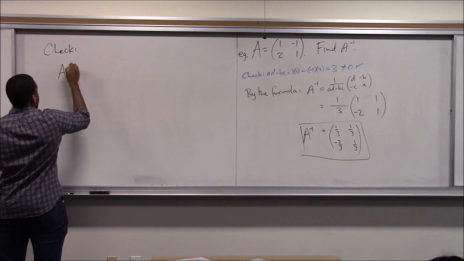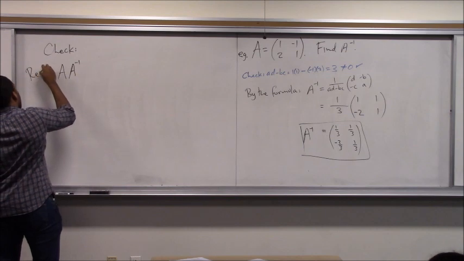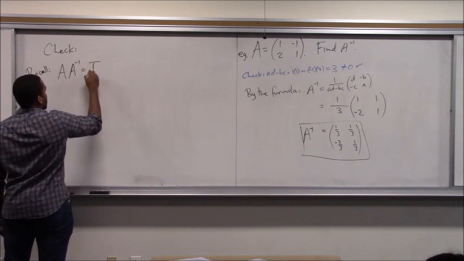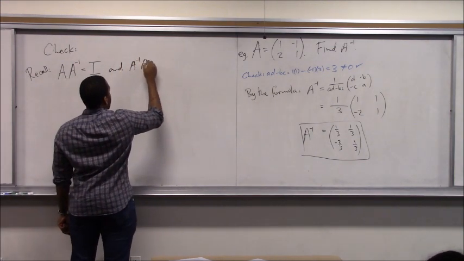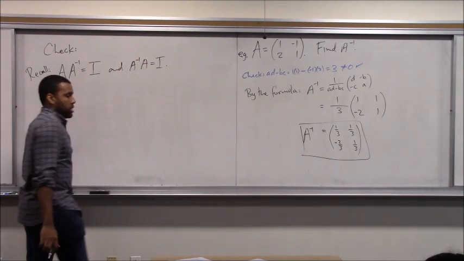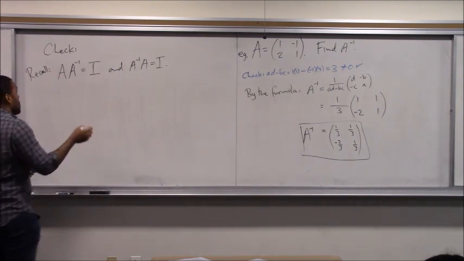I take A times its inverse. Recall from a few minutes ago, A times its inverse should give you the identity, and A inverse times A should give you the identity. That's how you can check. This is how you would check that something is actually an inverse.